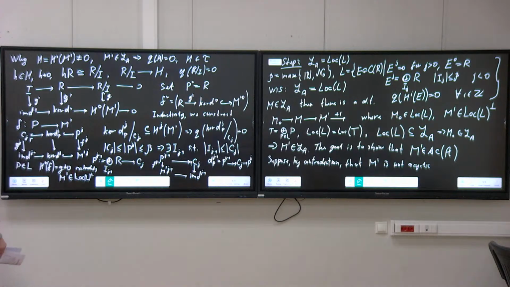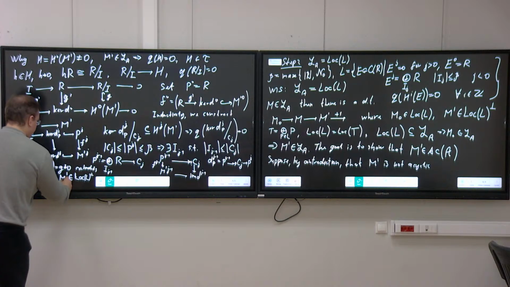So all such homs from the objects in the L to the M prime have to be trivial. But we constructed a non-trivial map because H0 of this map is non-trivial. So that's a contradiction.